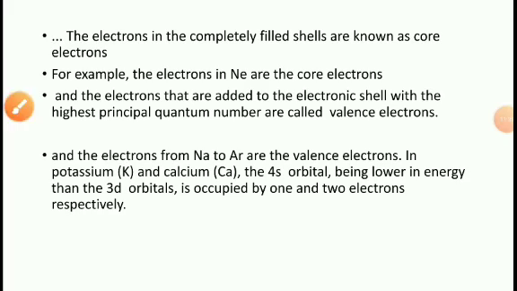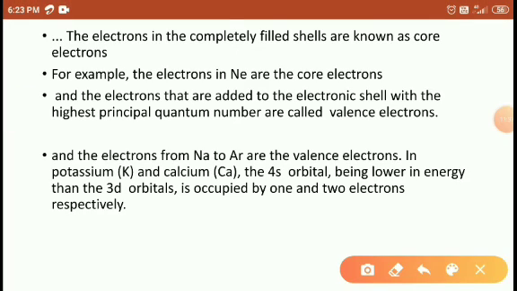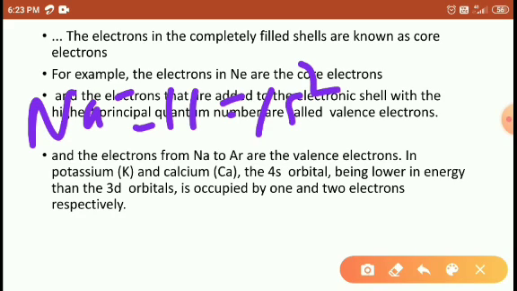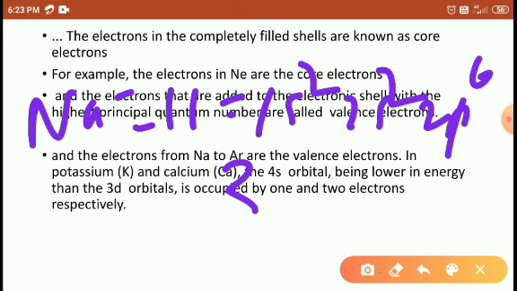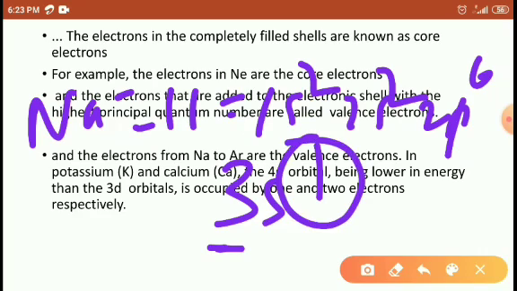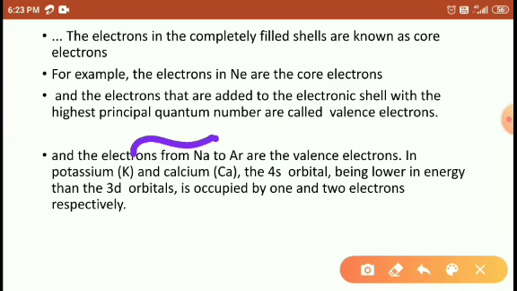For sodium, atomic number 11: 1s2, 2s2, 2p6. We complete the core and one extra electron is placed in the next energy level, so we call that the valence electron. Right, students?